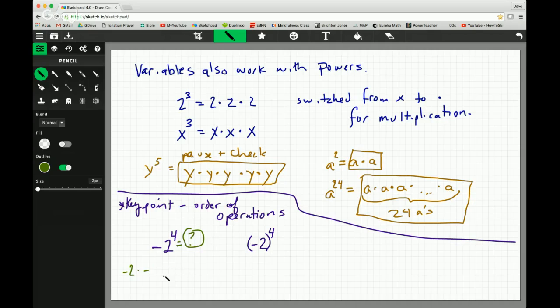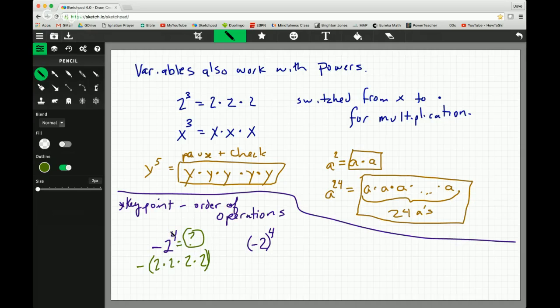Or is that equal to -2 times 2 times 2 times 2? So in other words, do you take it to the fourth power first, or do you do the -2 first? And the answer is you raise this 2 to the fourth power first. So this is equal to this.